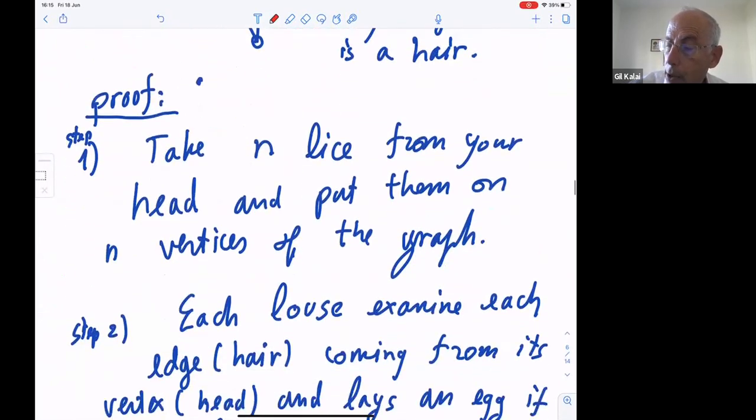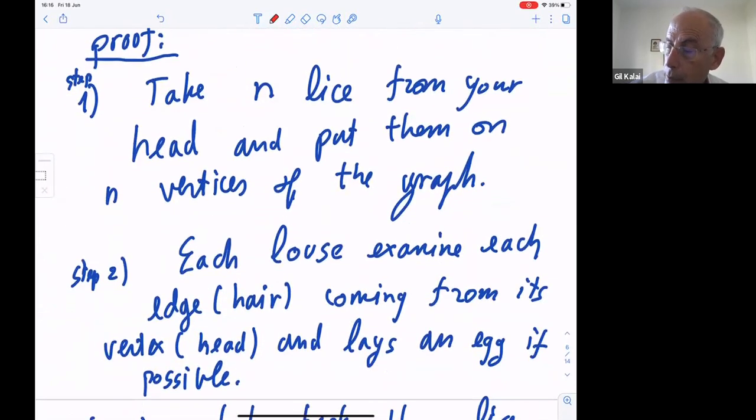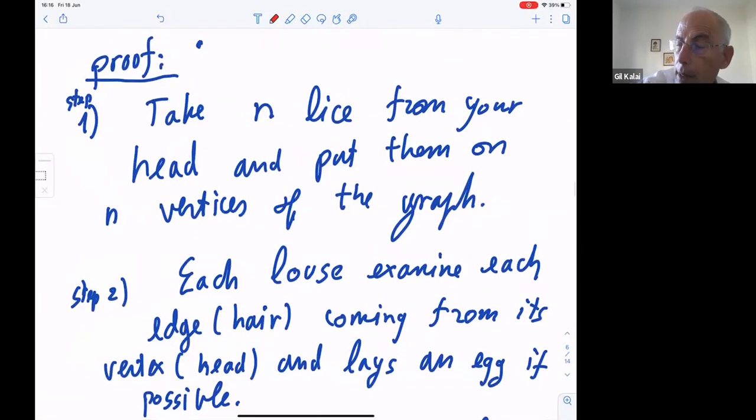The proof is based on a process of three steps. The first step is to take n lice. You take n lice from your head and put them on the n vertices of the graph. In step number 2, each louse examines each edge or hair coming from its vertex head and lays an egg if possible.